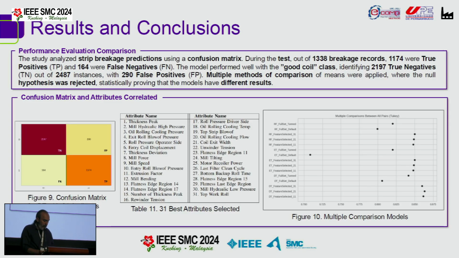The model performed well with the good coil class, identifying 2,196 true negatives out of 2,487 instances, with 290 false positives. Multiple methods of comparison of means were applied, where the null hypothesis was rejected, statistically proving that the models have different results.